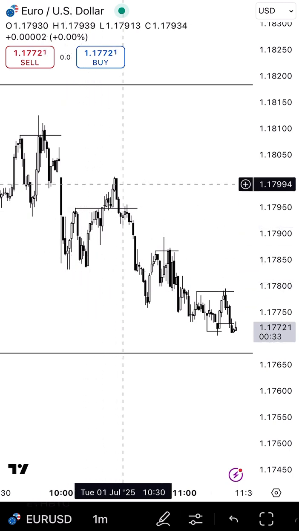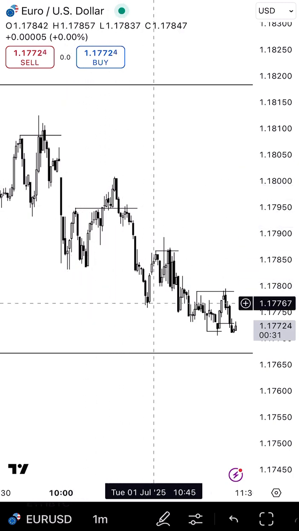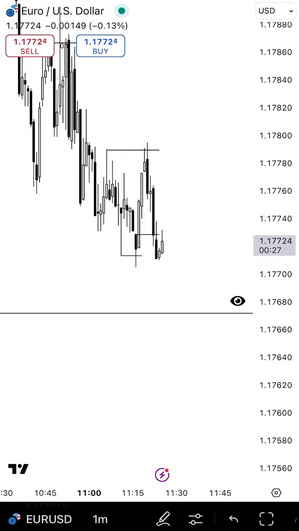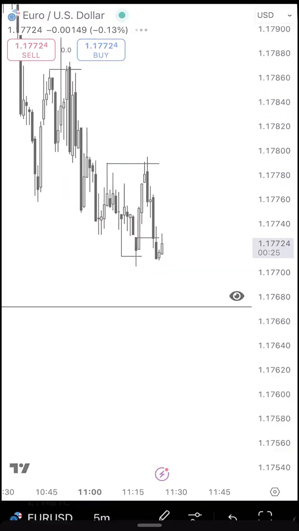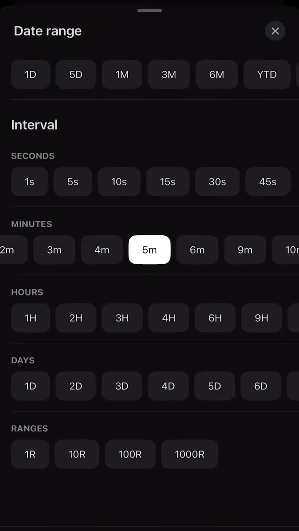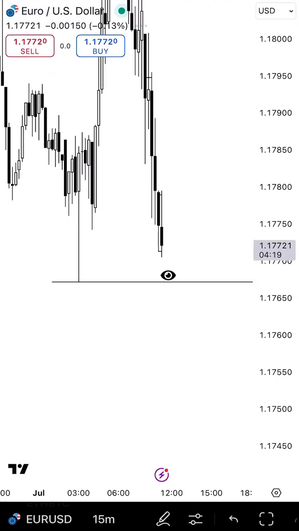Stop out sellers, sucker in new buyers, and dump, and so on and so forth, up until the target is going to be reached. All right.